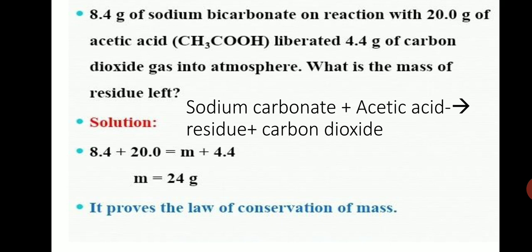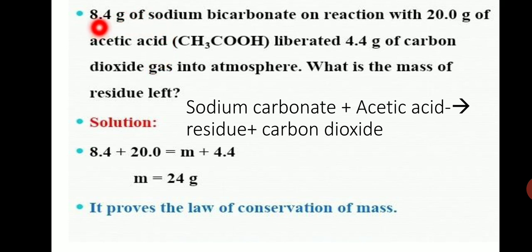Look at this reaction, listen carefully. 8.4 gram of sodium carbonate on reaction with 20 gram of acetic acid liberated 4.4 gram of carbon dioxide gas into the atmosphere. What is the mass of the residue left? Don't bother about the equation; you write only the word equation, the names itself.